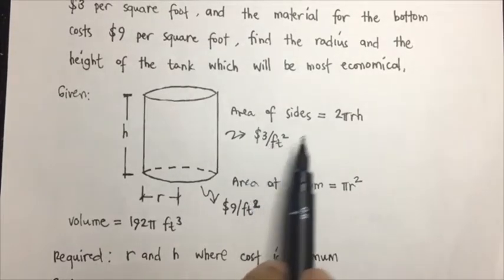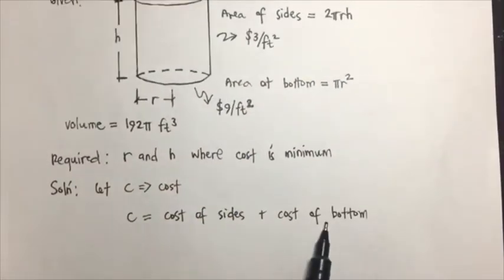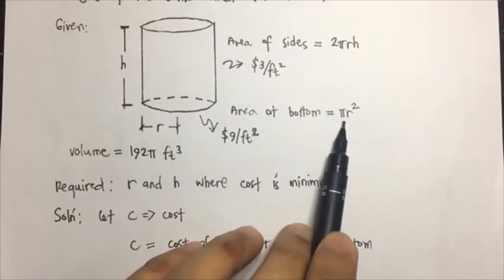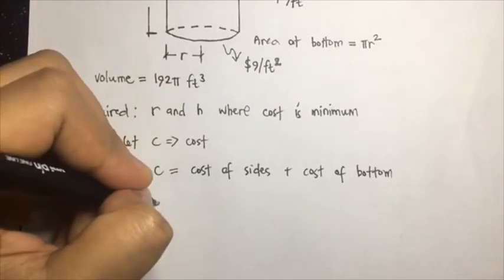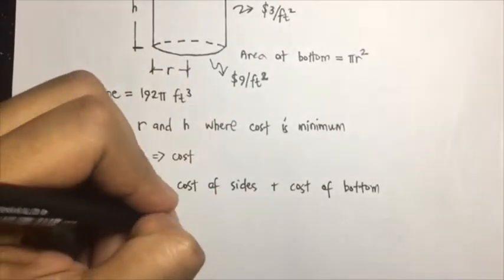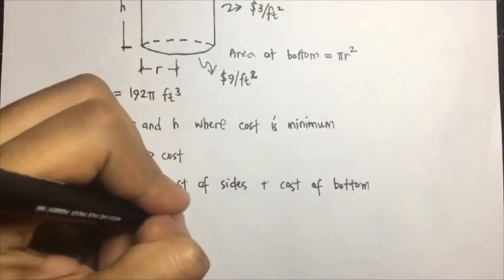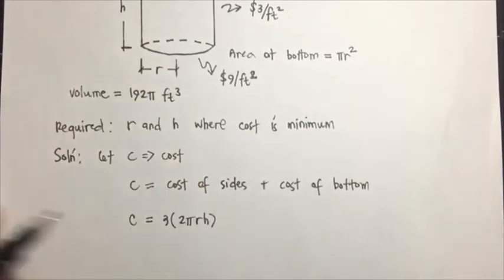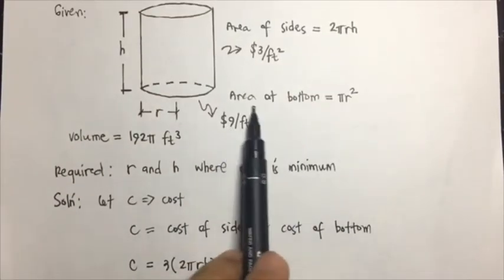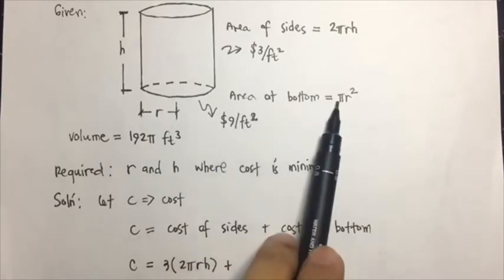Okay, so therefore the cost for the sides is equal to the price multiplied by the area, and the cost of the bottom is equal to the price multiplied by the area at the bottom. So our cost function is equal to 3 multiplied by the area at the sides, 2 pi r h, plus the cost of constructing the bottom material, its price, which is $9 per square foot, multiplied by its area.